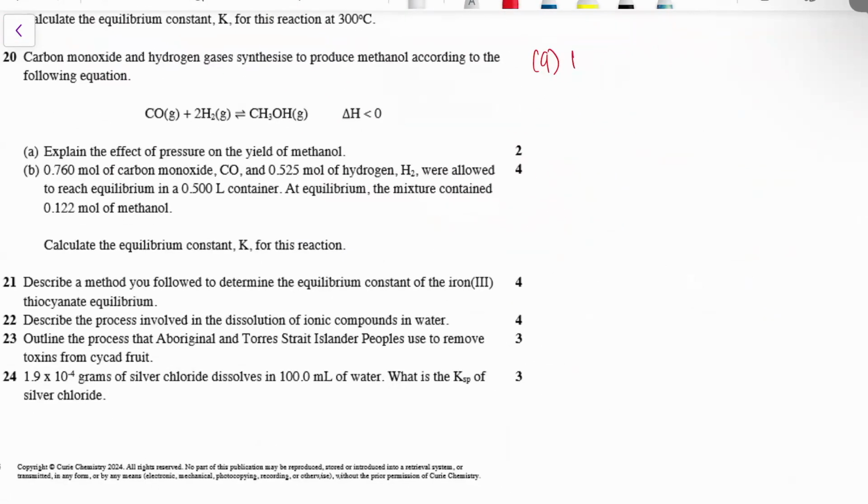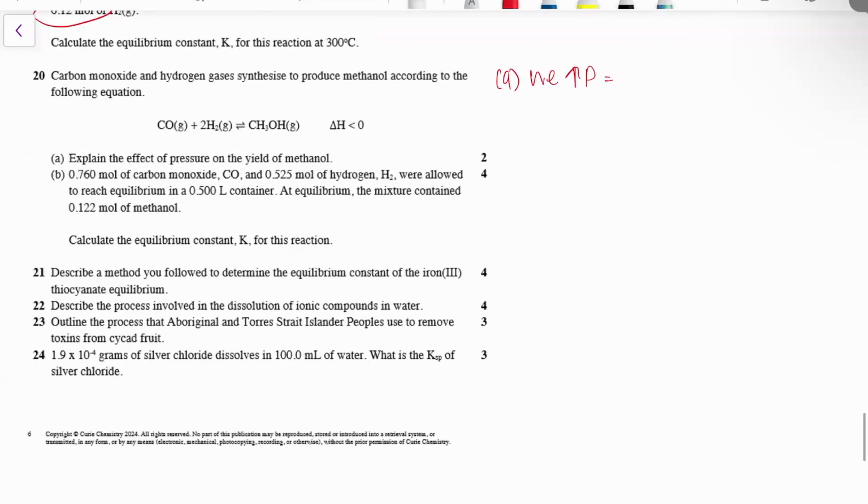If we increase pressure, what is the system going to want to do to pressure? Decrease pressure. Good. And what principle is that according to? LCP, Le Chatelier's principle. So if there is an increase in pressure, then the system will want to decrease pressure according to Le Chatelier's principle. How is the system going to do that?